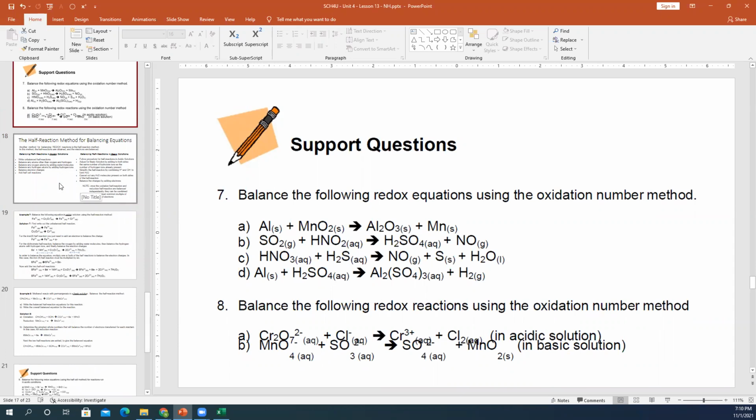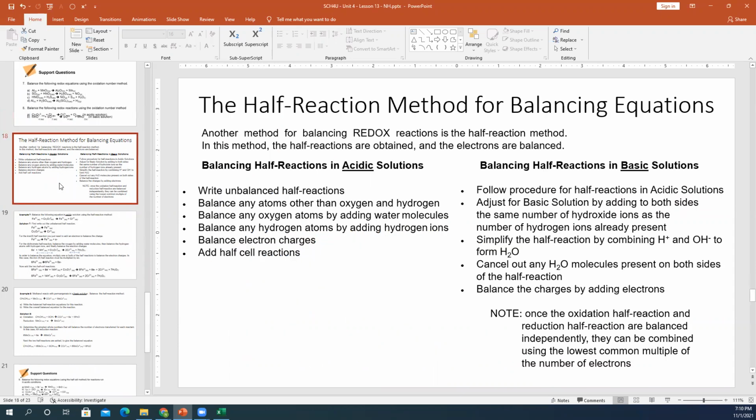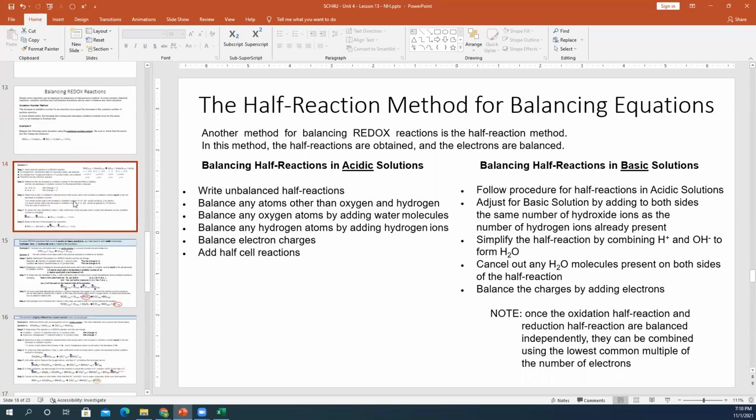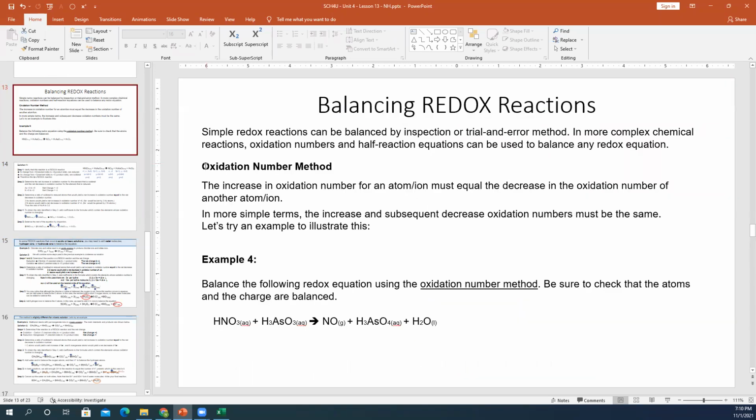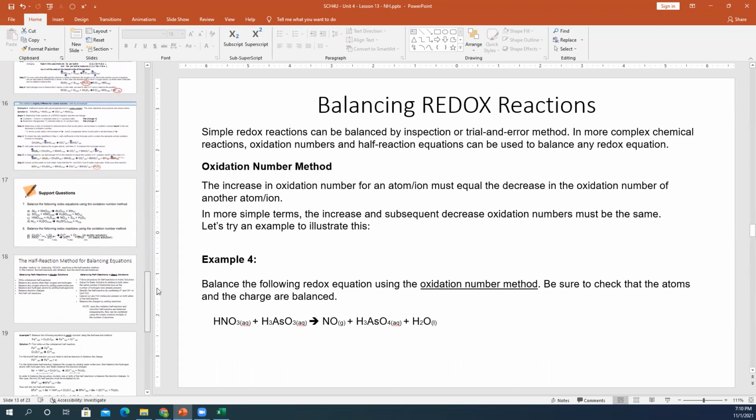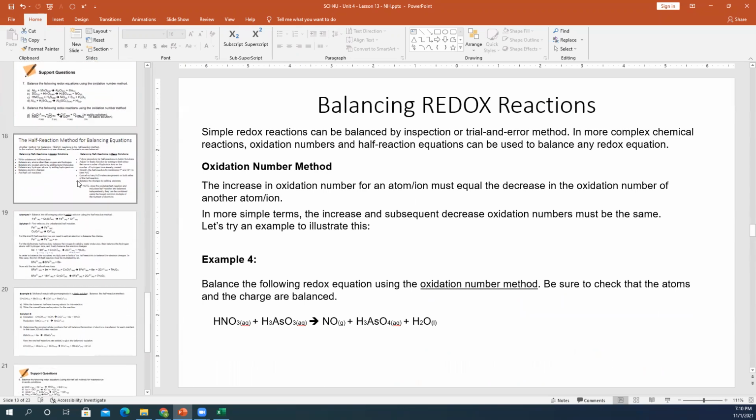Then there is another method for balancing redox equations. So that was the oxidation number method. There's a second method called the half reaction method.